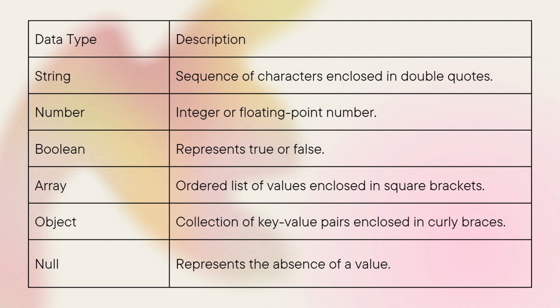In this format, it's basically accepting multiple values. So for multiple product selection, the products that you have selected might be displayed using the array format. An object is the collection of key value pairs, like we saw in the previous examples. And even if you want to represent the absence of a value, that can be done using the null data type.